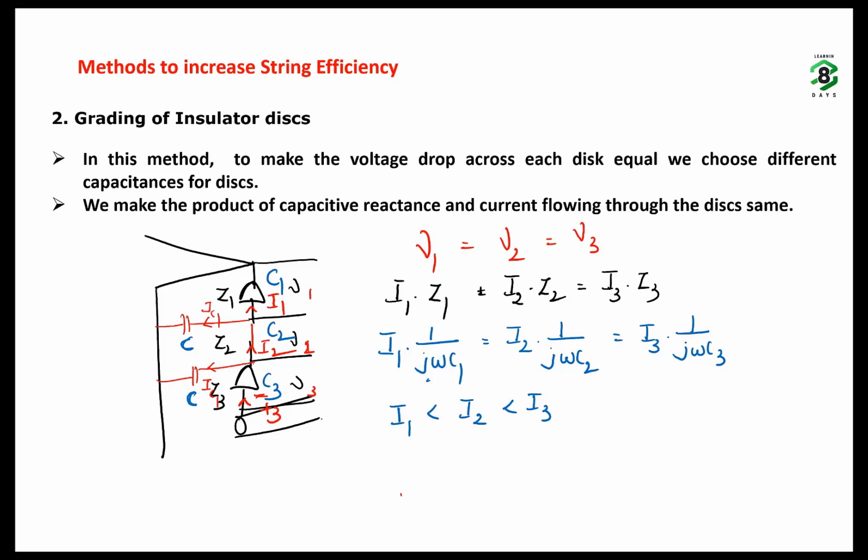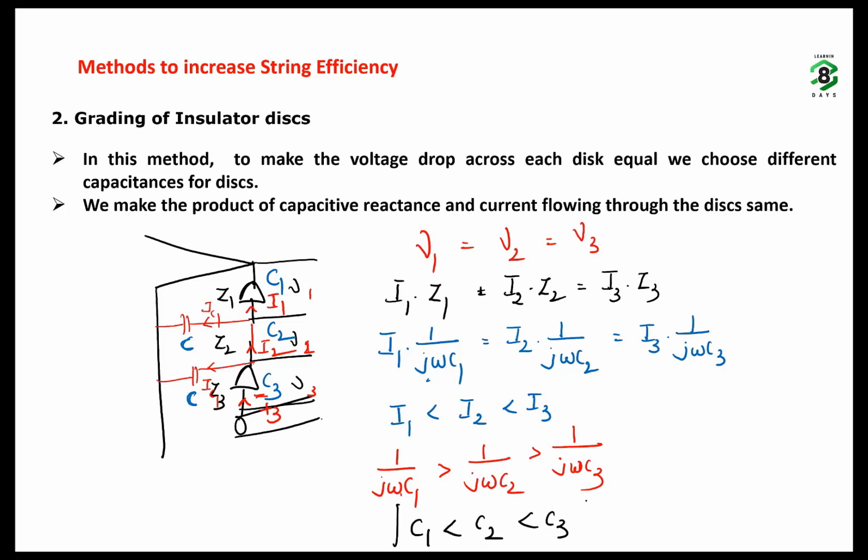So from this, what should be valid to make this product equal? We should have 1 by j omega C1 greater than 1 by j omega C2 greater than 1 by j omega C3. Then only their product will become equal. Which implies C1 is less than C2 less than C3, because C is in the denominator.